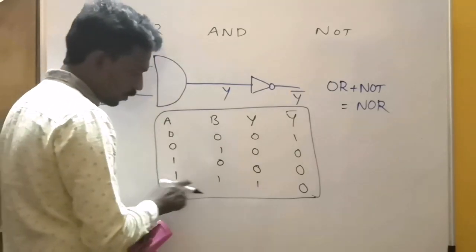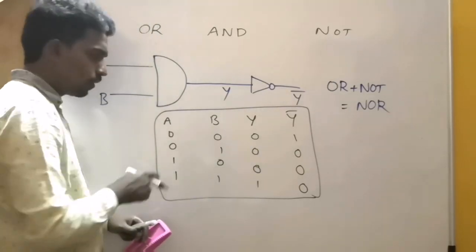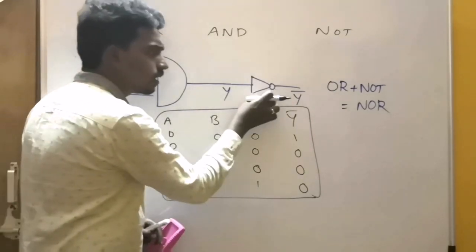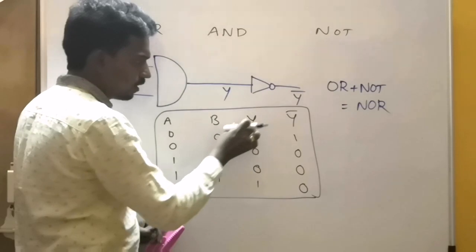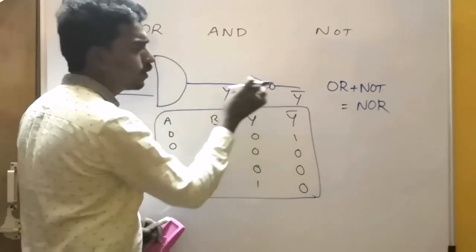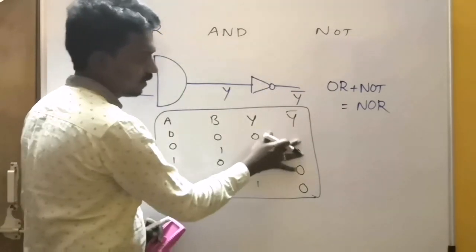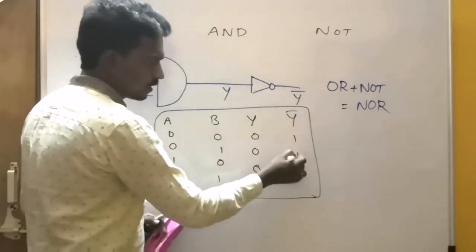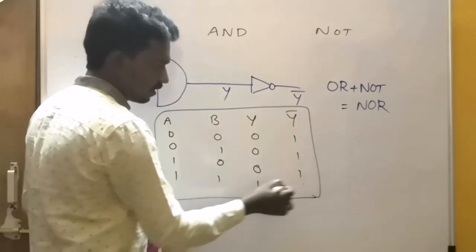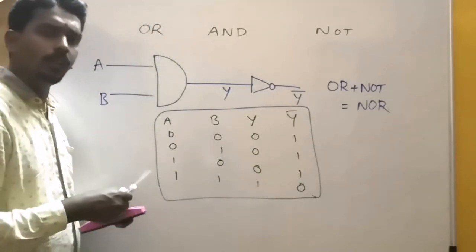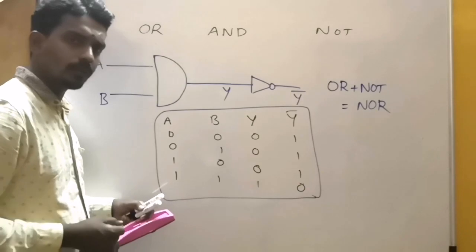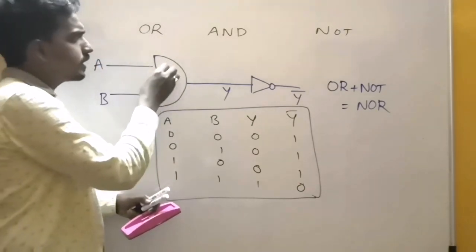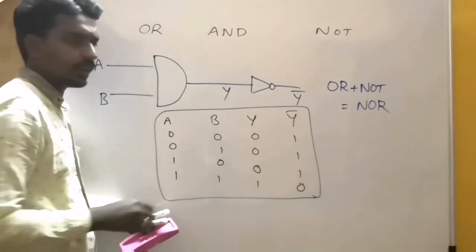Only for input 1, 1 is the output 1. For the rest of the combinations the output is 0. Then you connect one NOT gate, so this is the input to the NOT gate. Then 0 will become 1, 0 will become 1, 1 will become 0.